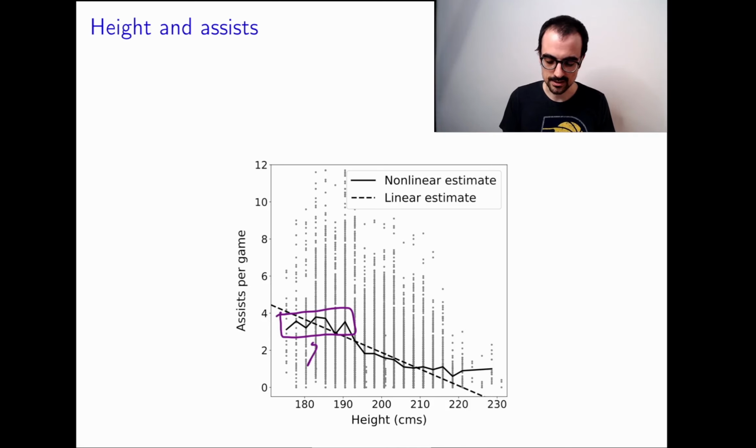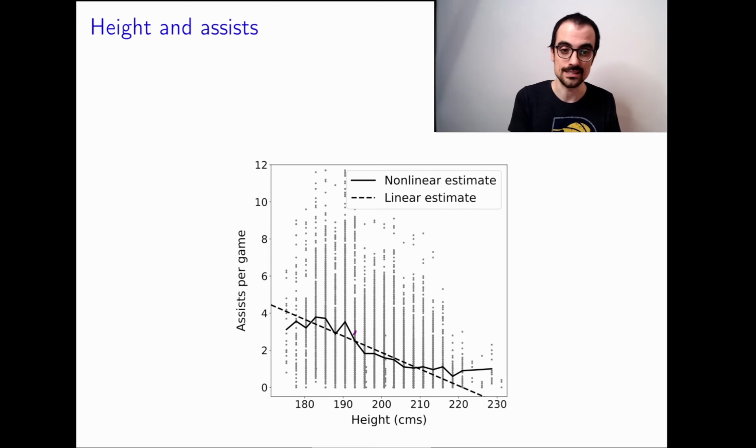So if most point guards are here, it makes sense why in this part of the plot you would have a constant relationship between height and assists. The linear estimator is not able to deal with that. It's not able to account for that because it's not flexible enough. So that flexibility is a disadvantage for the nonlinear estimate when there's very little data, because it becomes noisier, but it's a strong advantage when there's nonlinear structure, such as this one.